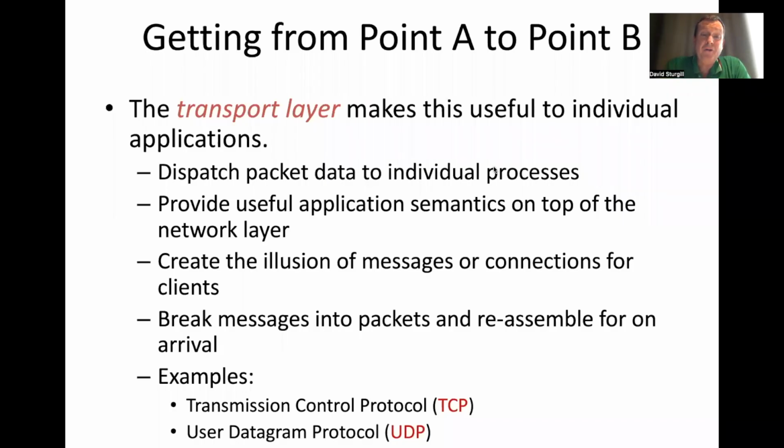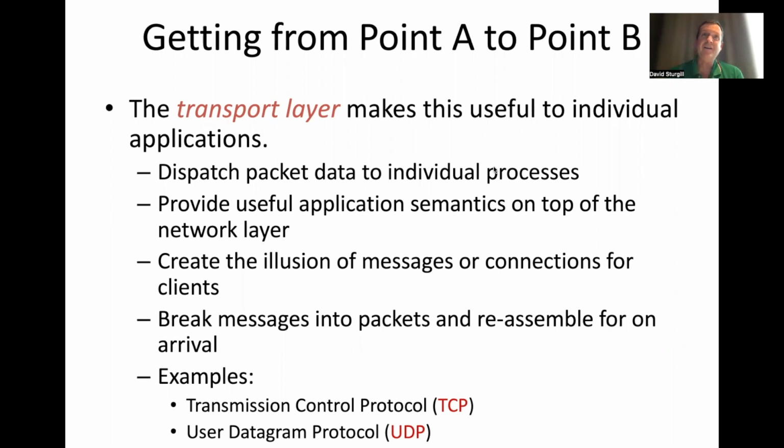So Internet Protocol as a network layer protocol will get packets between two hosts on the internet, but that's not enough to let applications use it directly. I may have 10 different applications that want to communicate. And if a packet arrives on my network interface, I need to know which application to give it to. So that additional behavior that we need is usually something that we get from the transport layer.